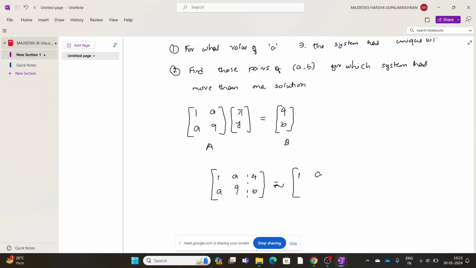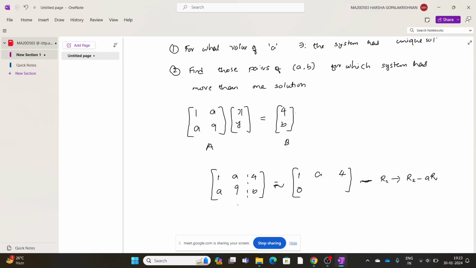For that we will keep the first row like that. So what operation should we do for the second row? R2 should change to R2 minus a R1. We need to make this entry 0. So a minus a is 0. Correct? So we should take R2 minus aR1.